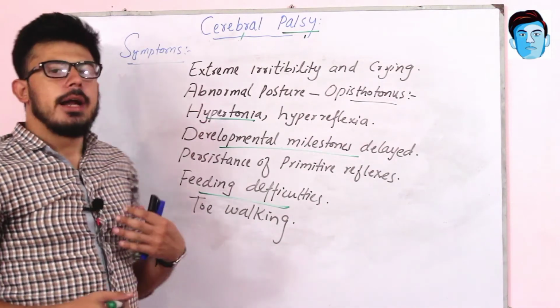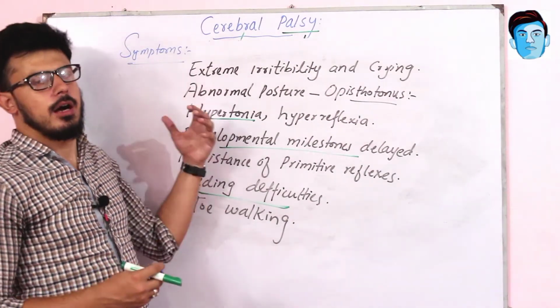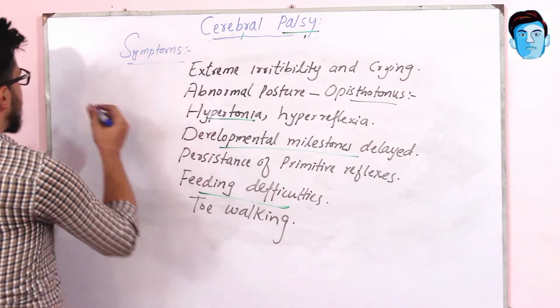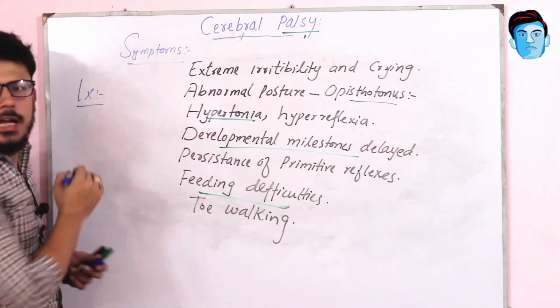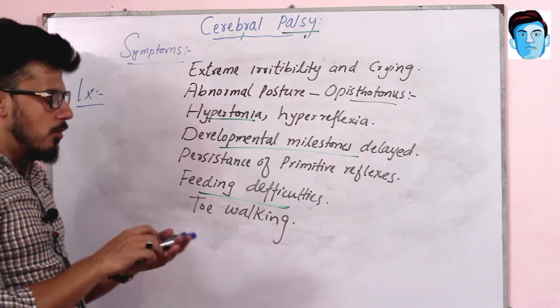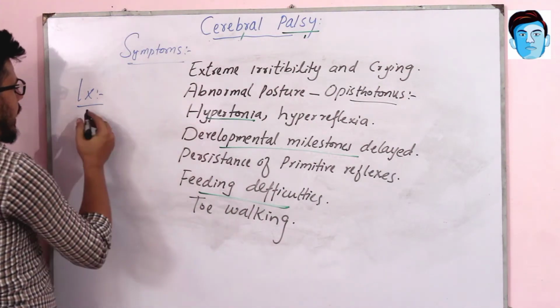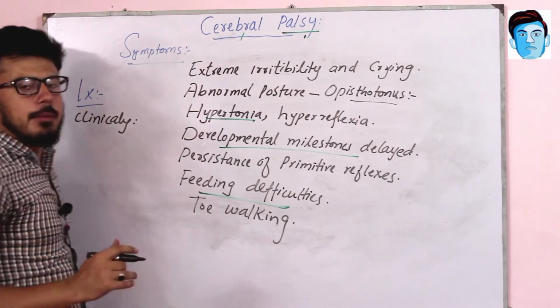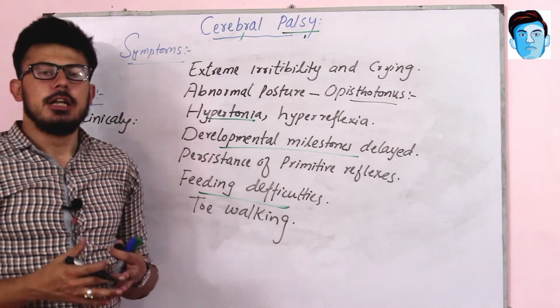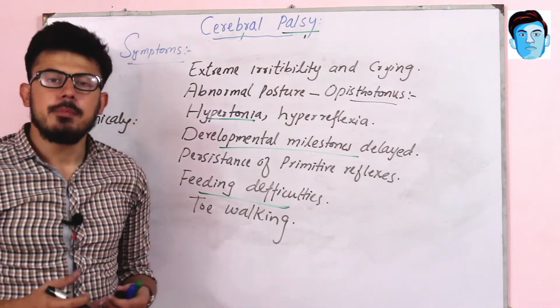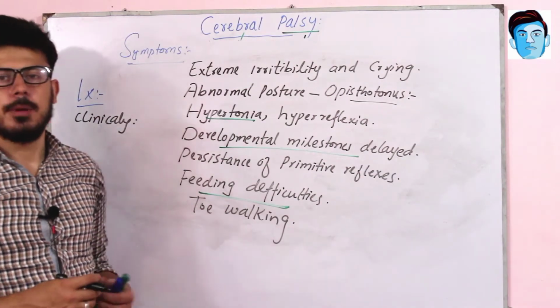Now how will you diagnose a patient of cerebral palsy? In the investigation option, the most important is clinical assessment. First, clinical assessment is important, like if there are delayed milestones and feeding difficulties with hypotonia, we can think about cerebral palsy.